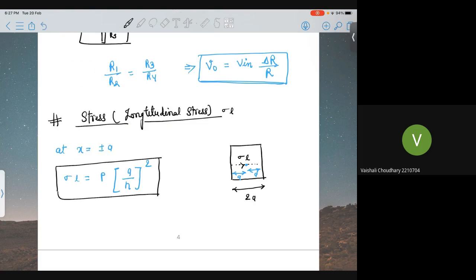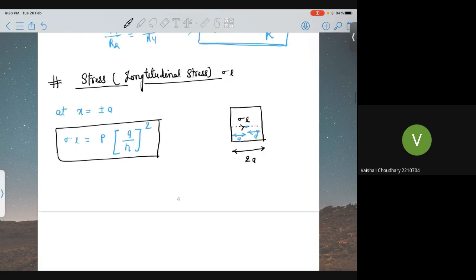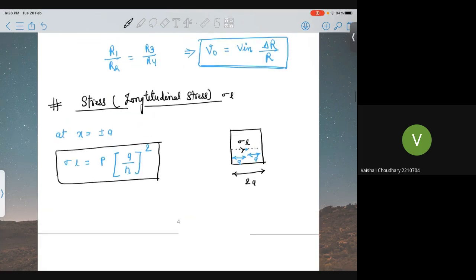We are going to solve one problem based on this formula. Also, we'll talk about maximum stress.